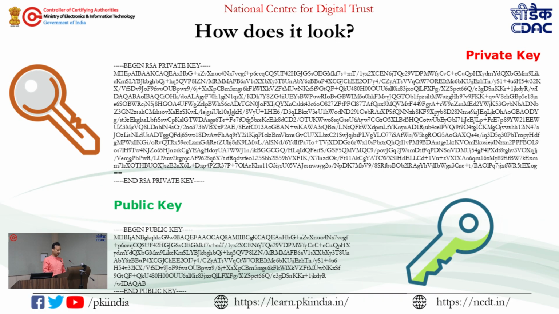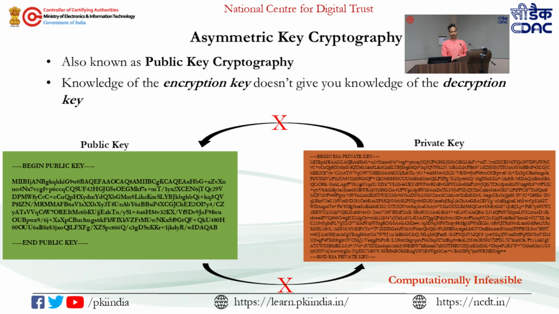How does this look? So again, these are cryptographic, so they are all like numbers. Public key is a number, private key is a number. This asymmetric key is also known as public key cryptography. In public key cryptography, you have 2 keys, one is public key and another is private key.